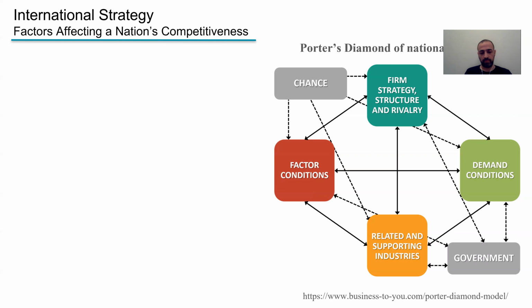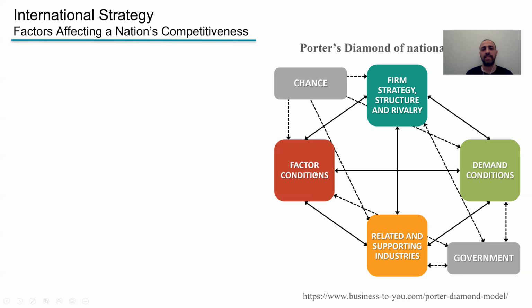Also related and supporting industries. How well can you deal with the supply chain? For example, if Nike is working in Hong Kong, even in Vietnam, are the supply chains there, or again, do they have to deal with import and export to China? So it really matters if you have access to the supply chain or not.